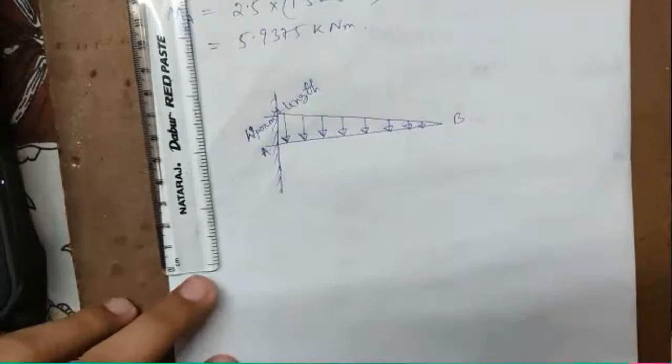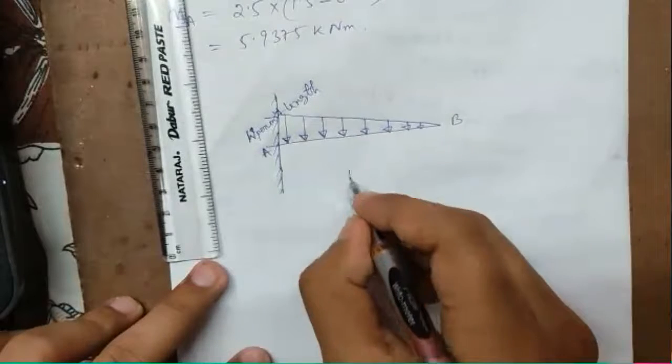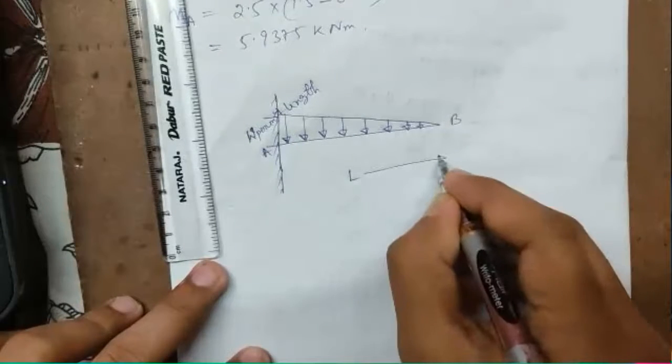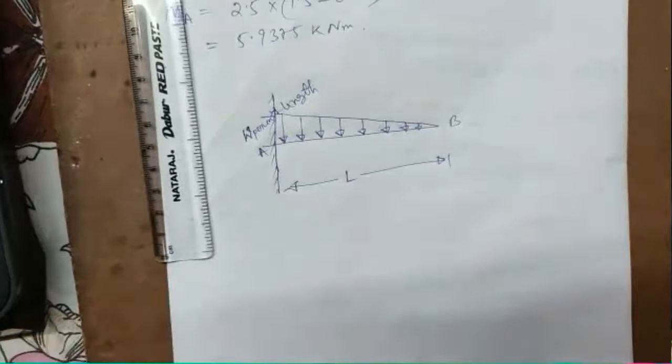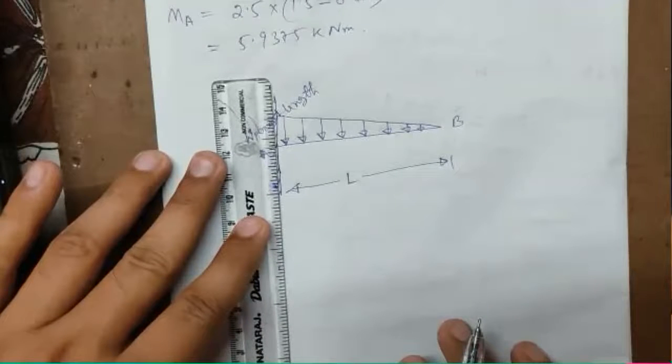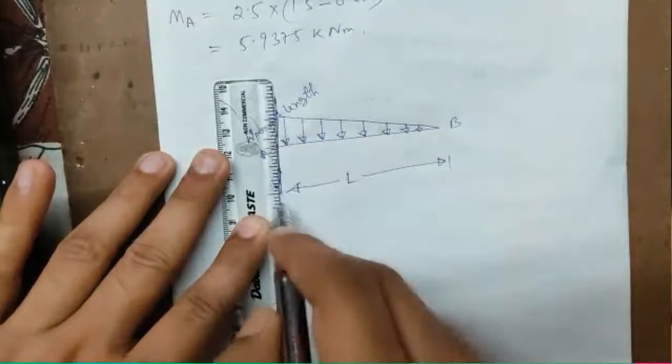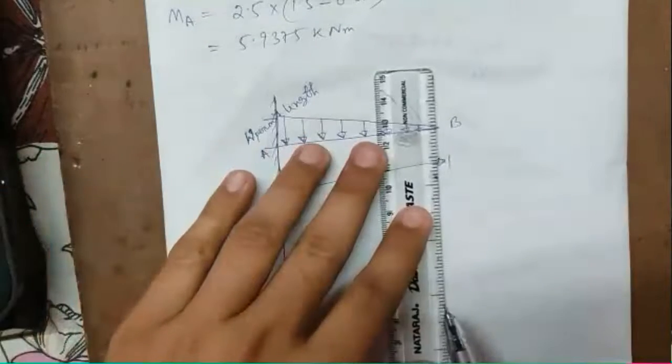The total length of this beam is capital L. Now we have to find the shear force and bending moment diagram for this condition. So whenever we are trying to draw the shear force and bending moment diagram, we'll just elongate these lines.